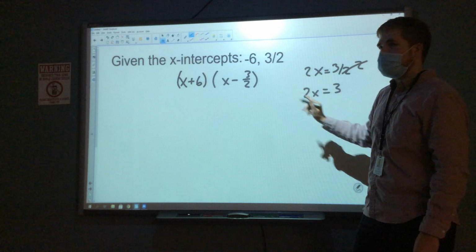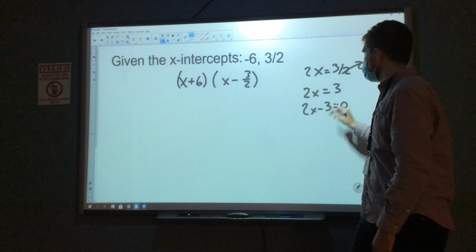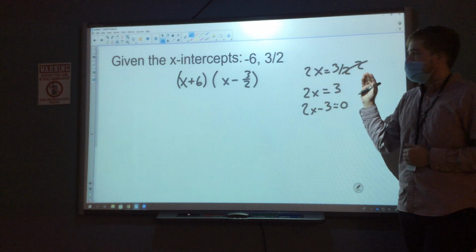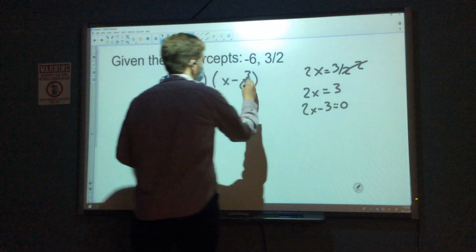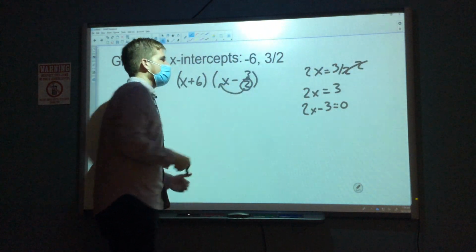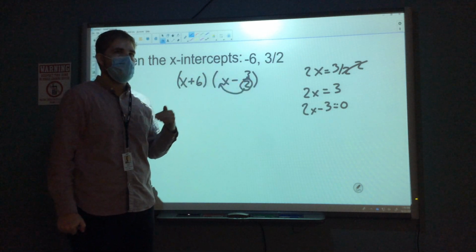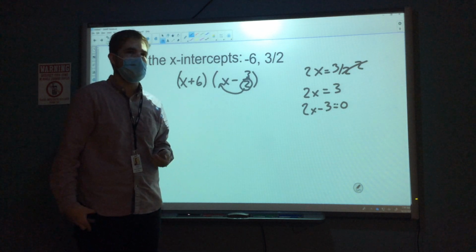I'll subtract that 3, giving me 2x minus 3 is equal to 0. So whenever you have a fraction like this, you can just rewrite it with the denominator moved out in front. You're still going to have the opposite for your sign, but this will save you having to FOIL with a fraction, which can get kind of messy.